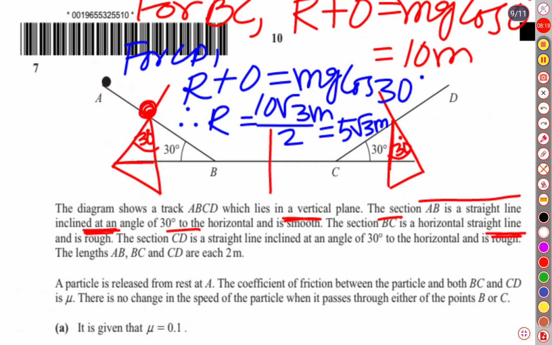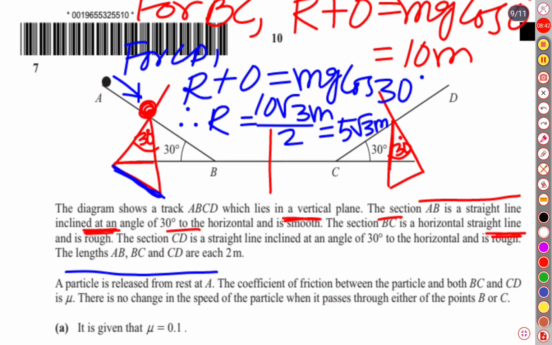This is A. When it was moving downward, there is no external driving force because the particle was released from rest at A. So what is the driving force acting along this axis?